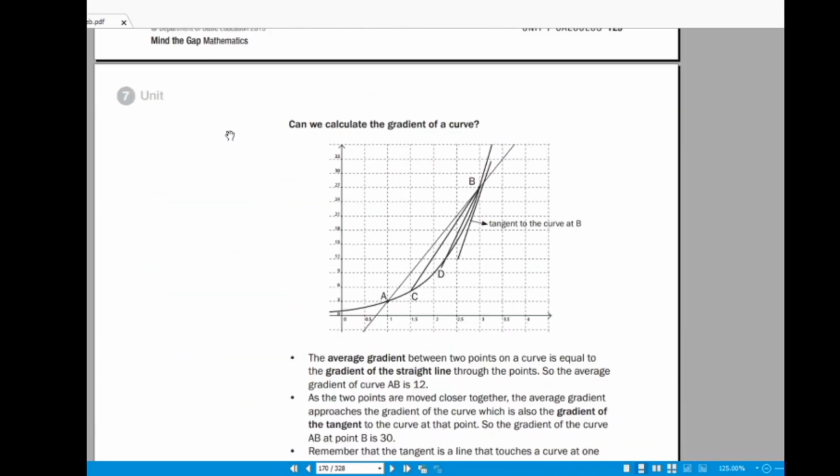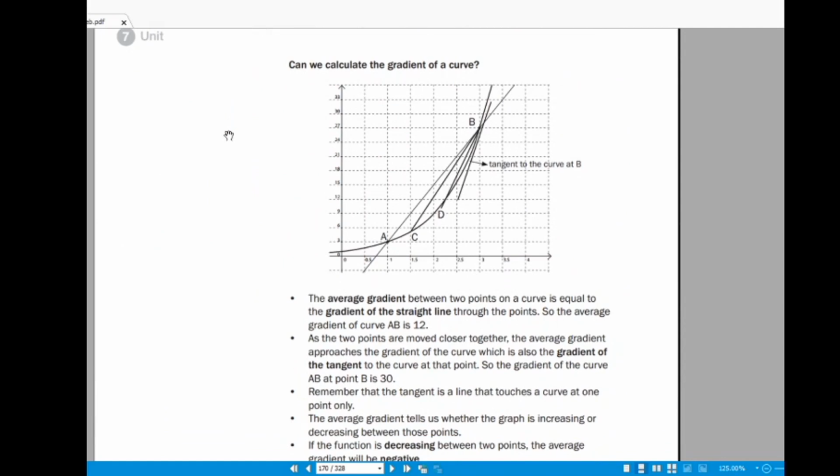What we are more interested in is how this relates to calculus, or the gradient of a curve. By now we know how to calculate the gradient of a straight line: we take 2 points, connect a line through those points, and calculate the gradient.